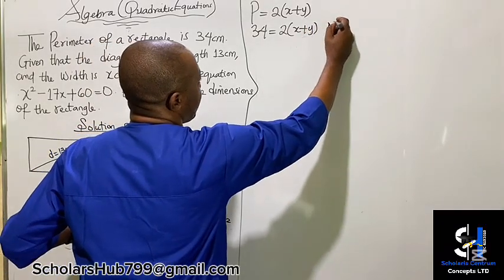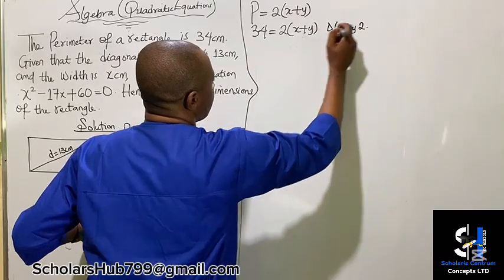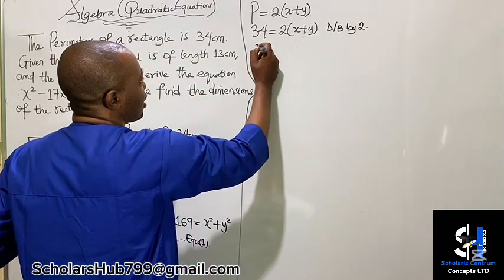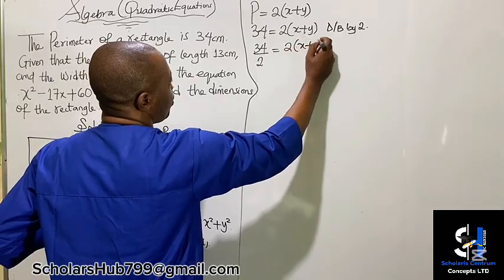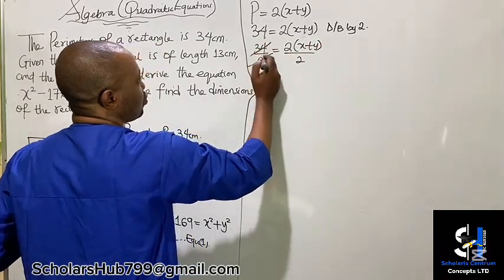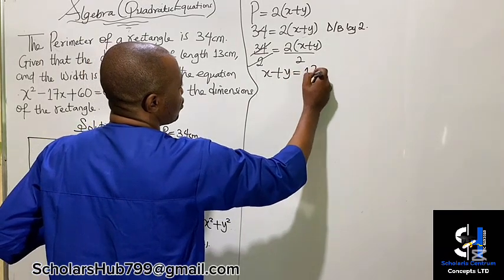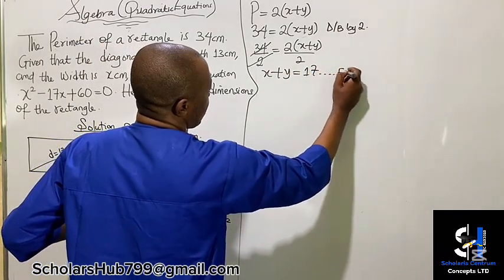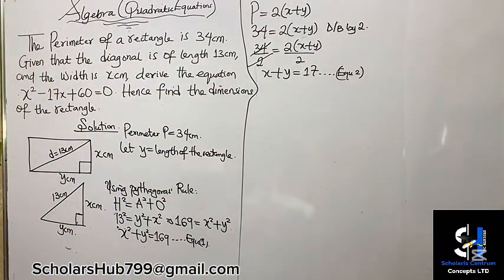Now let's divide both sides by 2. That will be 34 divided by 2, and 2 into x plus y divided by 2. So x plus y will be equal to 17.